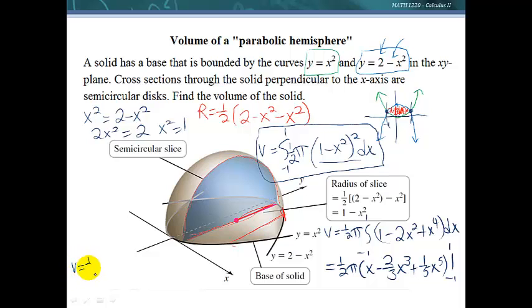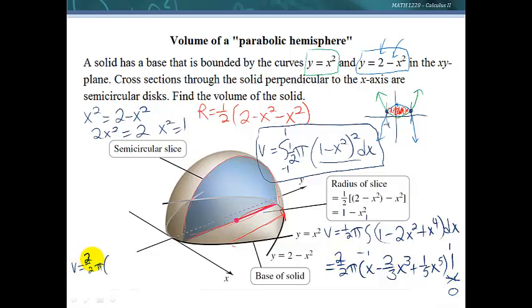We've got 1/2 pi, and evaluating this from, and actually if I'm looking at this, I can see that I have an even integral, symmetric from -1 to 1, so I could be a little bit lazy and make this a little bit easier to evaluate if I went ahead and made this 0 and doubled this.